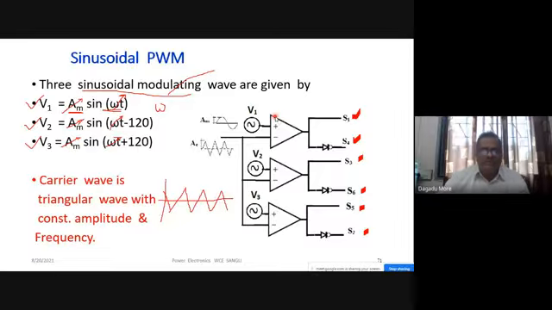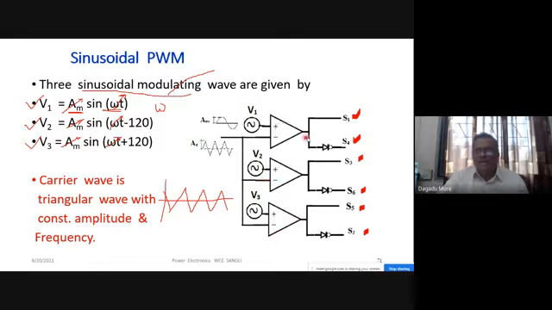The carrier wave has a fixed amplitude and fixed frequency, and it is common for all of them. The carrier wave is given to the inverting terminal of these three op amps, and V1 is given to op amp number one, V2 to the second, and V3 to the third.